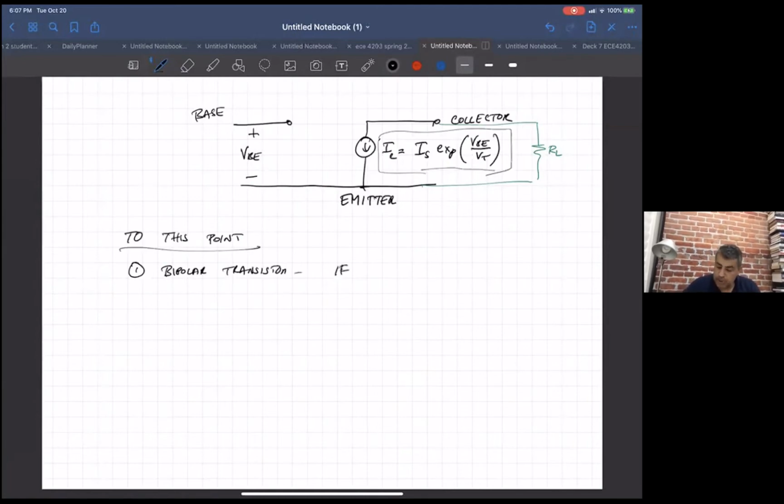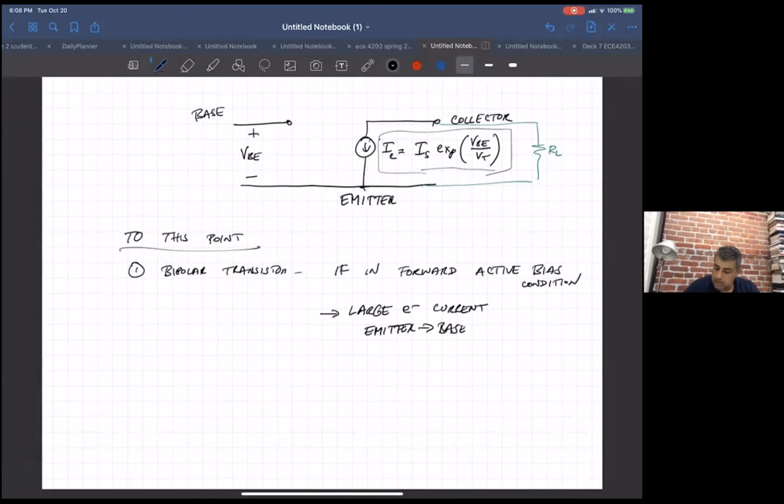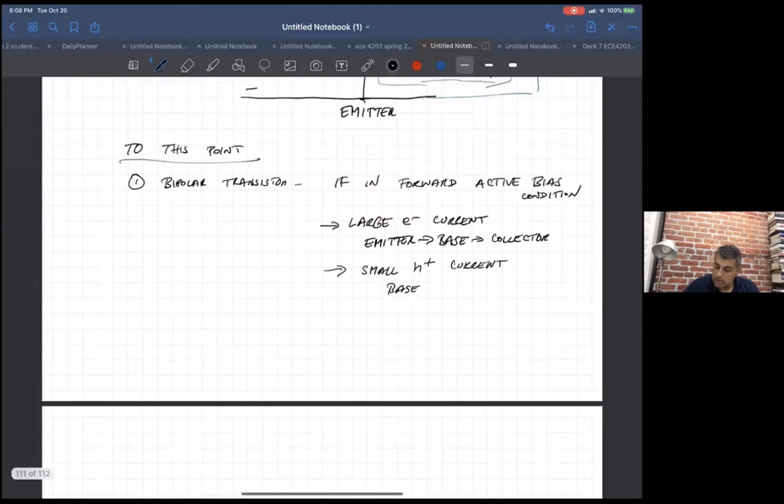And if we put it in forward active bias condition, we'll get a large electron current from the emitter to the base to the collector, and we'll have a small hole current from the base to the emitter.